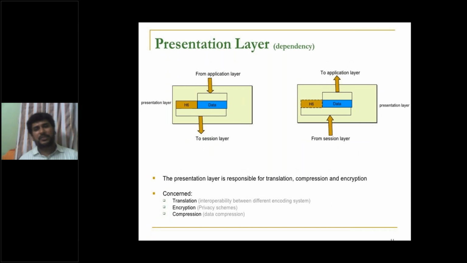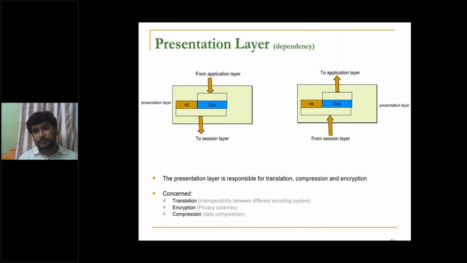Whereas the presentation layer, which is above the session layer, is concerned with what the data to be transmitted is. It takes care of three important functions called translation, compression, and encryption. Translation makes sure the data is translated to a version understandable to different devices.